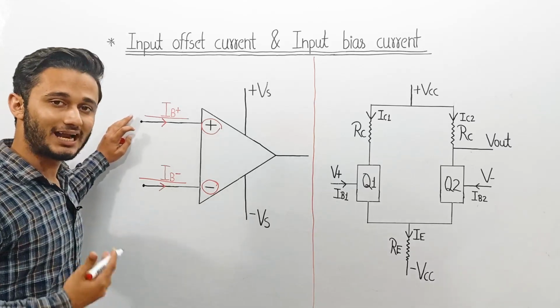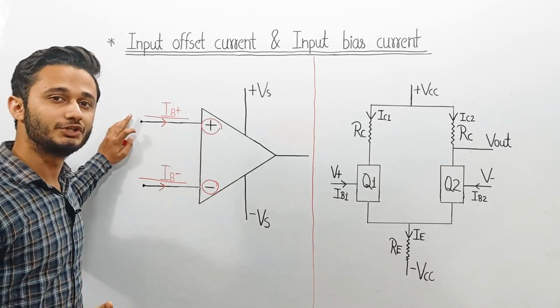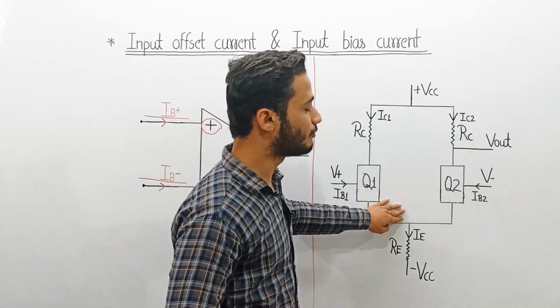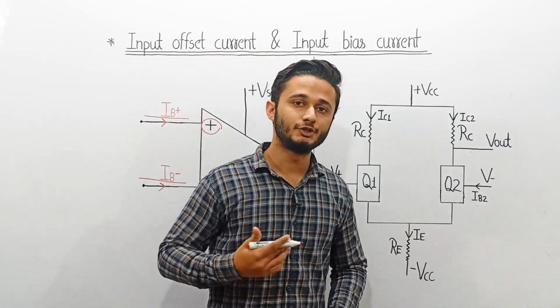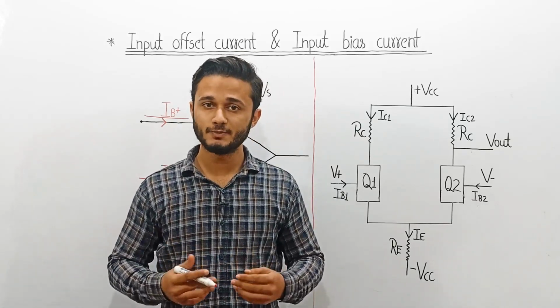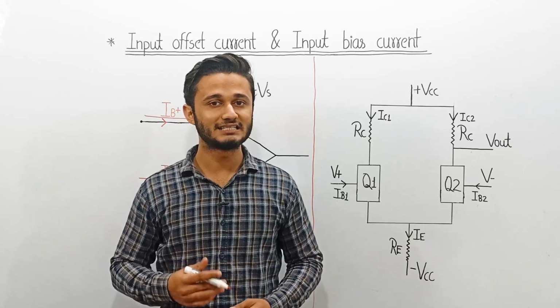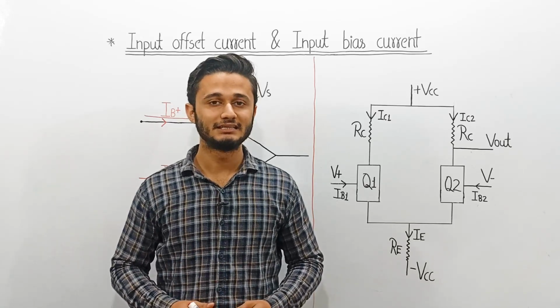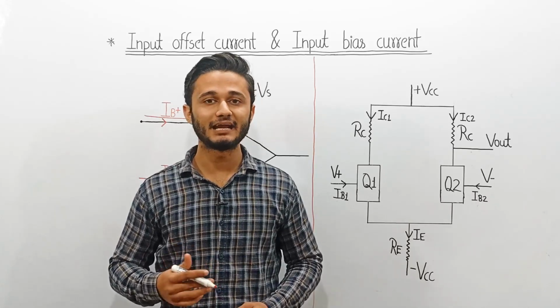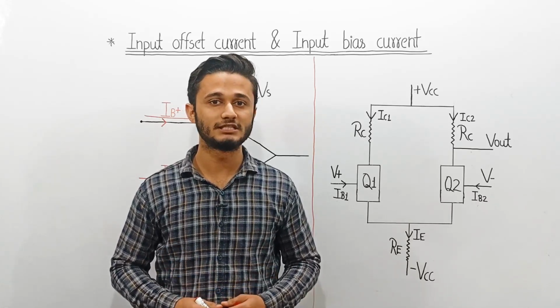So what actually are these biasing currents and where do they originate from? To answer these questions, let's look again at the circuit diagram of the differential amplifier. You must have studied BJT amplifiers in your earlier classes, and you must be aware of the fact that when transistors are used in amplifiers, then some amount of current is always present in their base and collector terminals even when no input is applied.